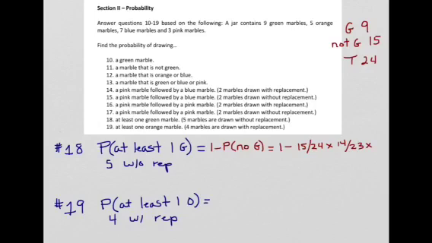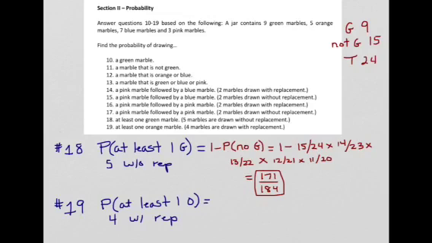And now the third draw, it's going to be 13 over 22 times 12 over 21 times 11 over 20. So we're going to put this all into the calculator, including the 1 minus at the beginning, hit math, enter, enter, and we'll get 171 over 184, and that's in lowest terms.